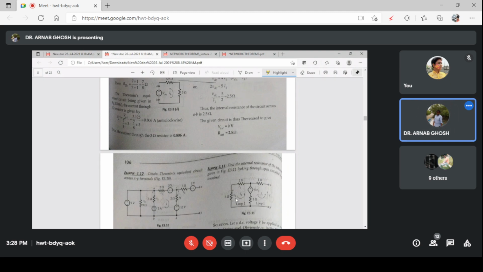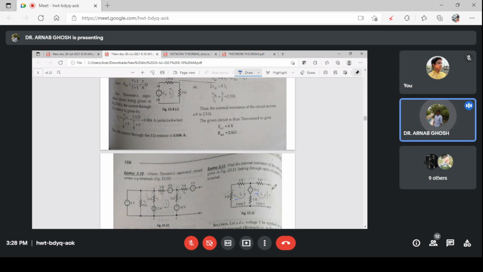So problem 3.11. You have a dependent source of 5 VL, where VL is the voltage developed across the 3 ohm resistance. You have to calculate the open circuit voltage and the internal resistance. So apply KVL in loop 1 and loop 2.